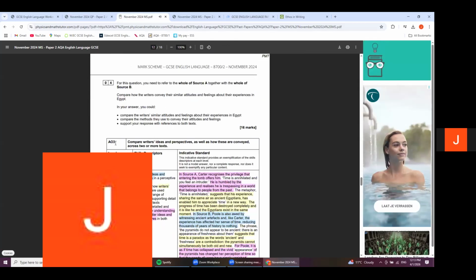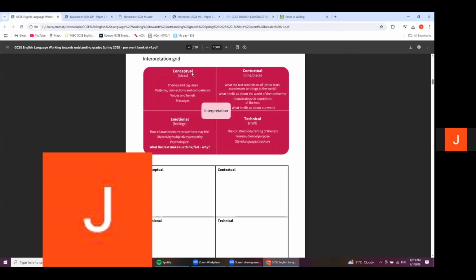So for AO3, Assessment Objective 3, compare writers' ideas and perspectives as well as how these are conveyed across 2 or more texts. So we're comparing them, we're thinking about, well, looking what's similar. We know it's an experience of Egypt, so there's a big theme, there's a big time and place. If we think about comparing them, the concept is about discovery of ancient artifacts. The context, it's the time, the place, it's in history.